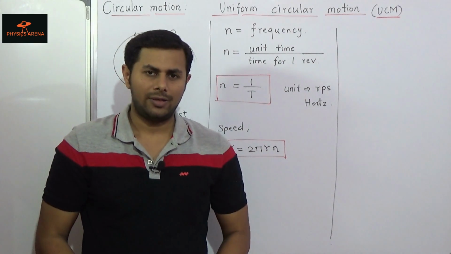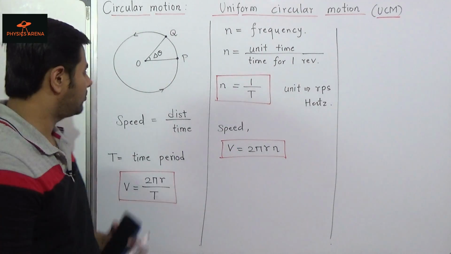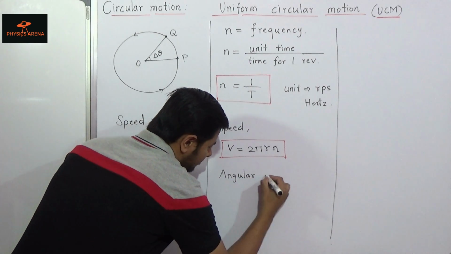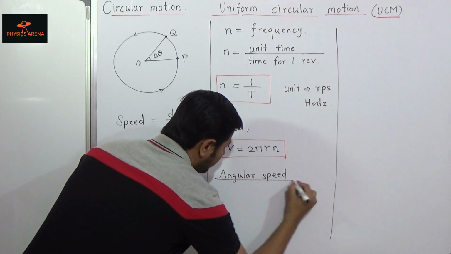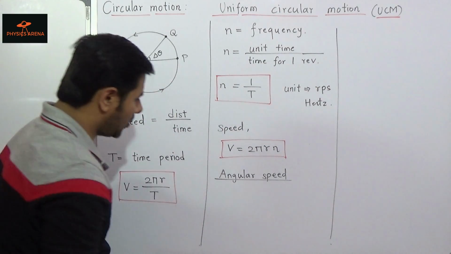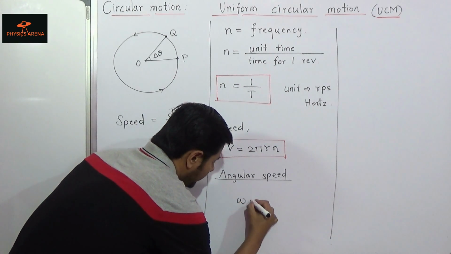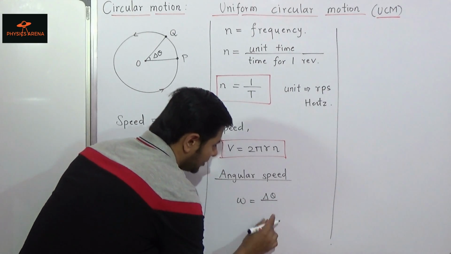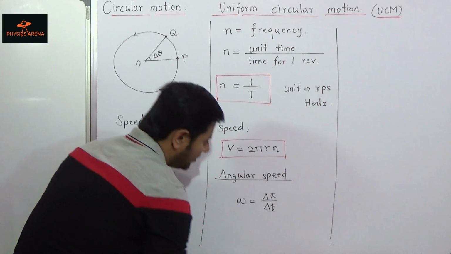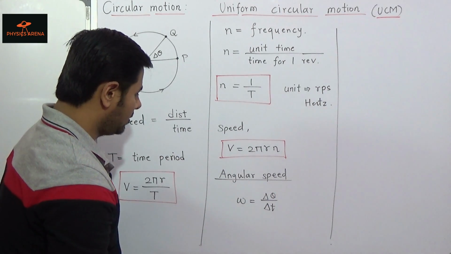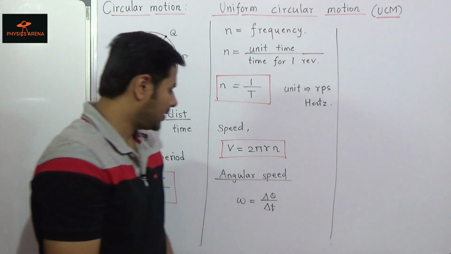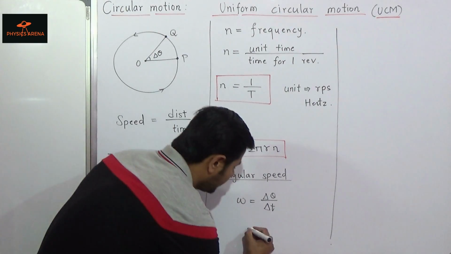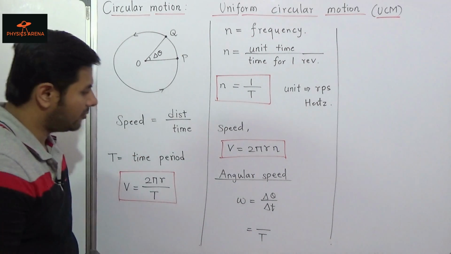Then let's find out the angular speed for this particle. Angular speed is the magnitude of angular velocity, and we know that angular speed is denoted by omega, and it is delta theta, the angle covered, divided by time taken. So if we take time taken equal to this capital T, the time period, then what would be the angle covered?